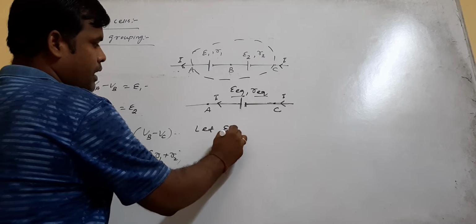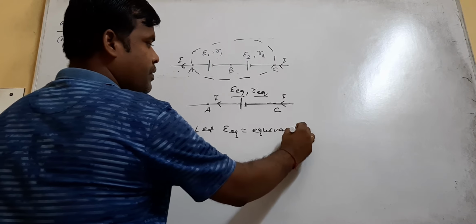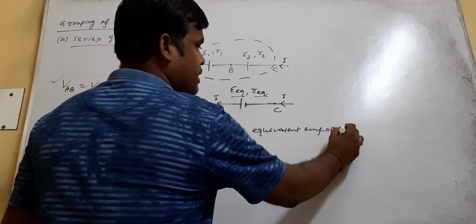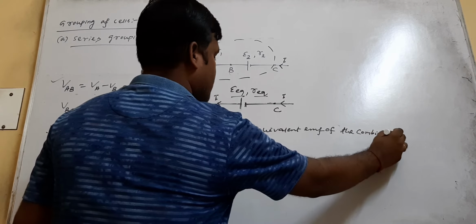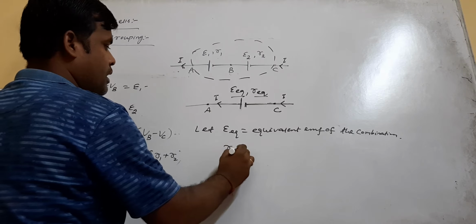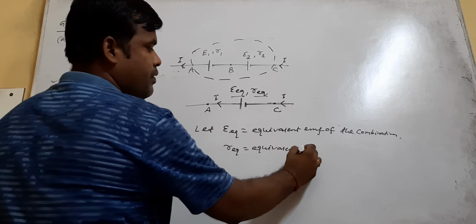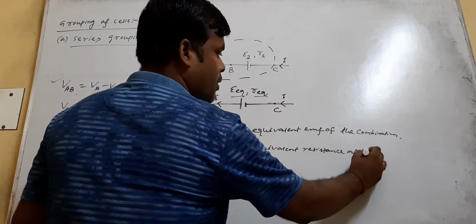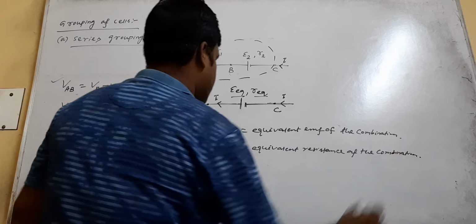Here let EEQ be the equivalent EMF of the combination, and REQ the equivalent resistance of the combination.